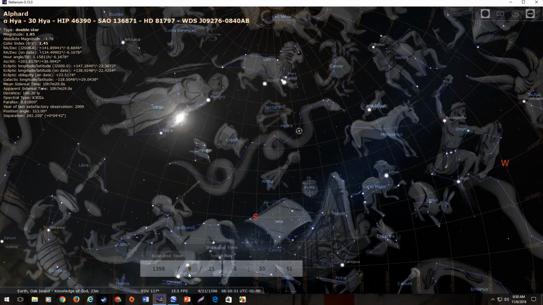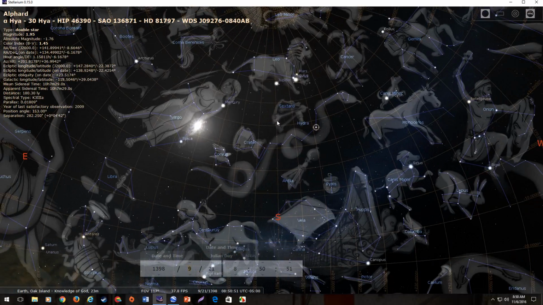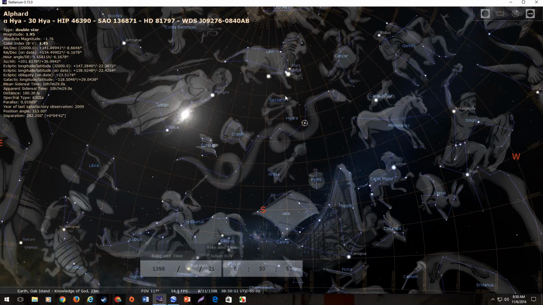This is halfway through. You'll notice that Sextans stopped with the base of Sextans to the south. This represents the Welling Triangle.